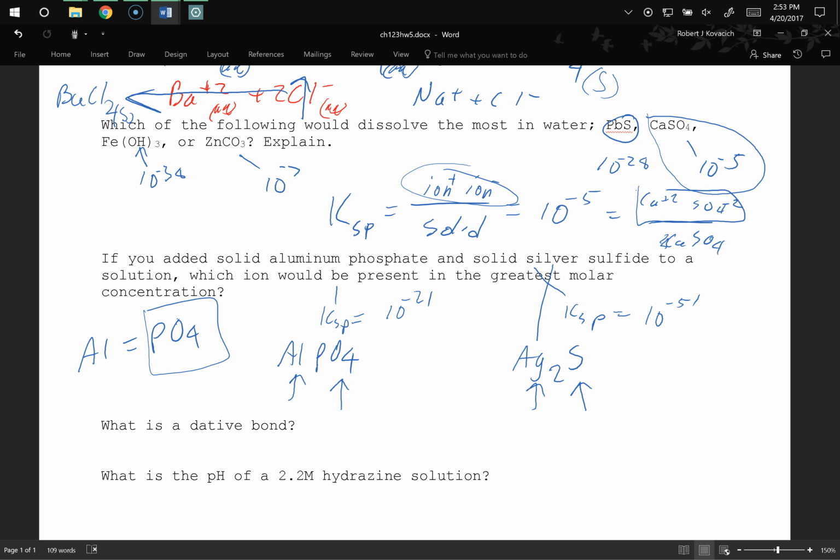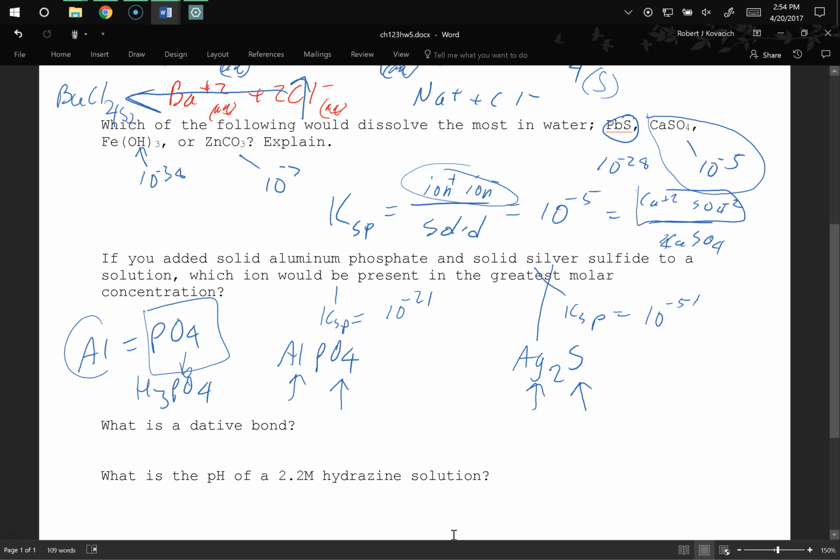If this thing was an acid, which acid would it be? It'd be phosphoric acid, H3PO4. Okay with that? So if I put phosphates in water, what would the phosphate polyatomic ions start doing? They'd turn into this, right?